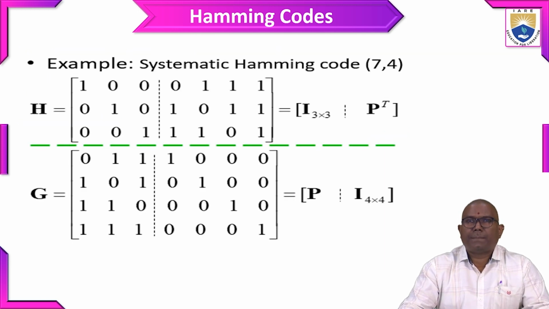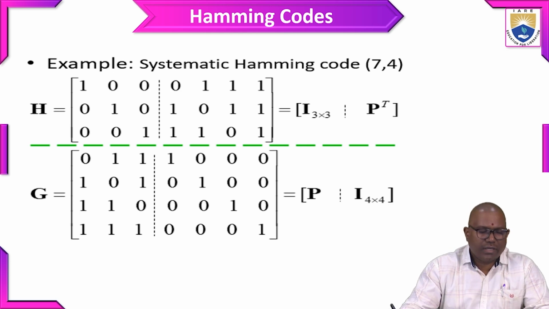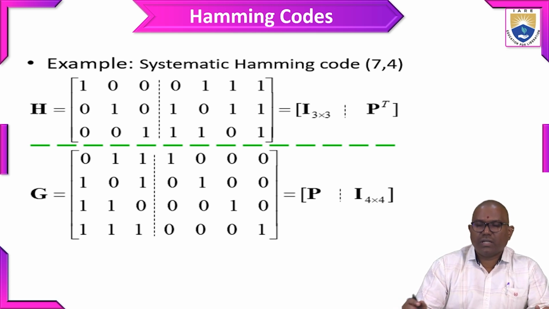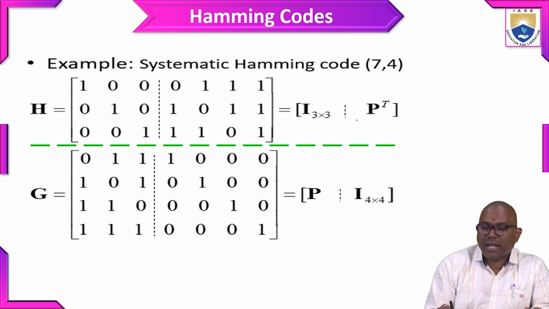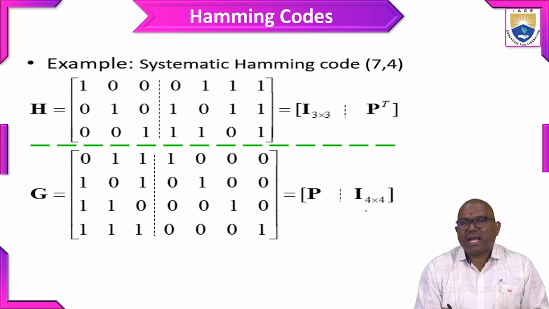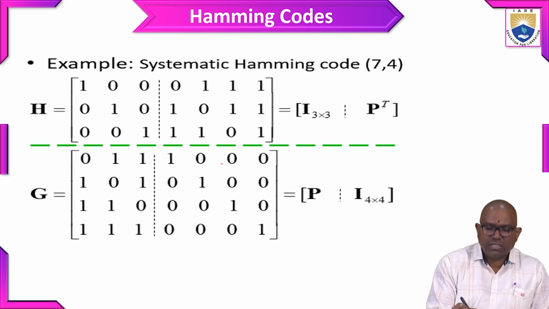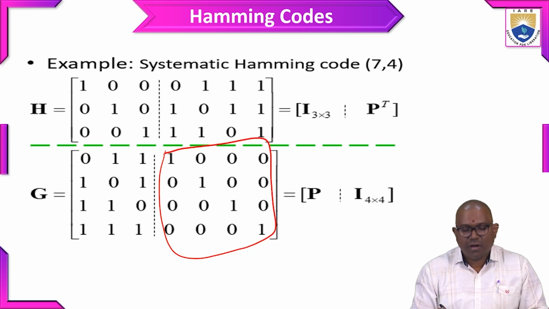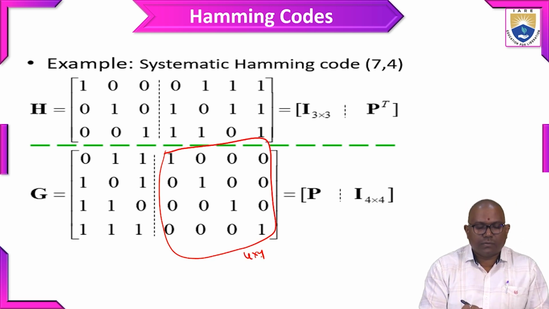Now this is one example. Here you can say (7, 4). So (7, 4) is simply the block code size we can take. So H is I_K P transpose, where G is P I_K. So here we can see H equal to I P transpose, where G equal to P I_K. I_K, K is the size. So this is my identity matrix. This is my identity matrix of size 4 by 4.